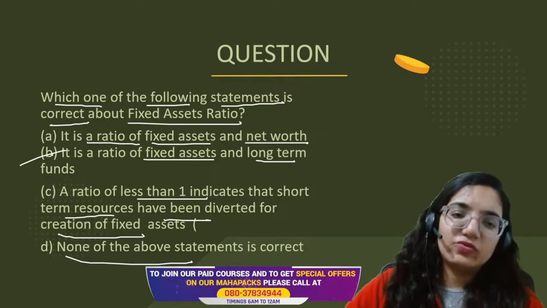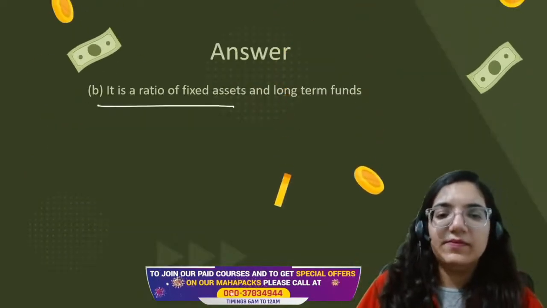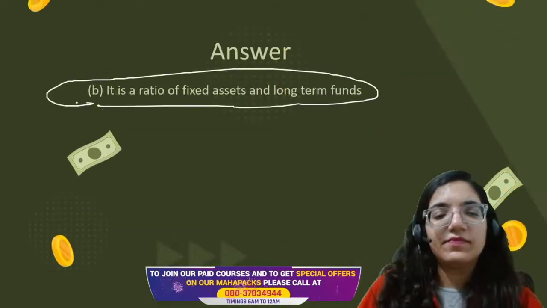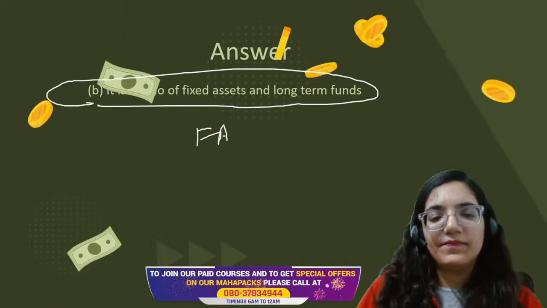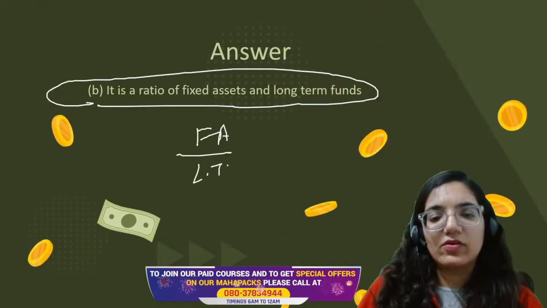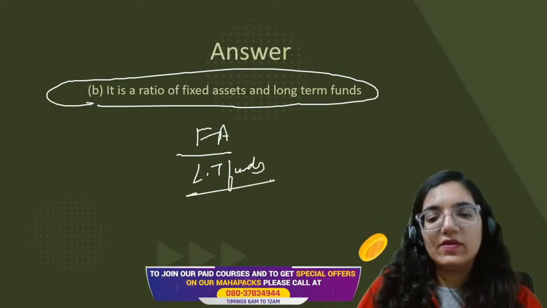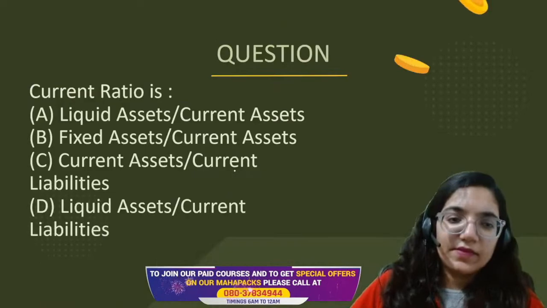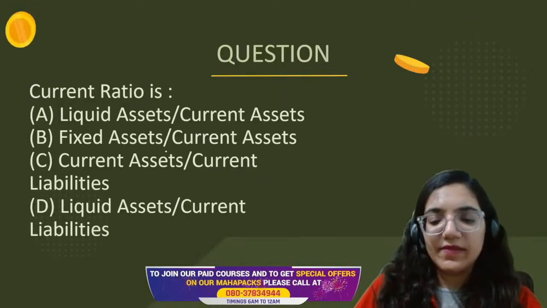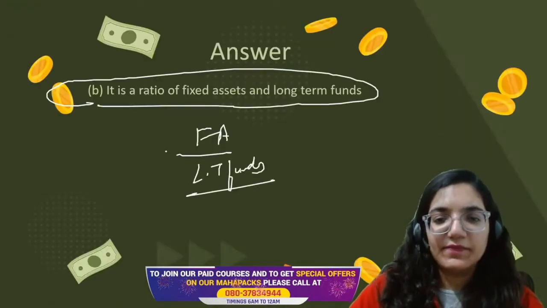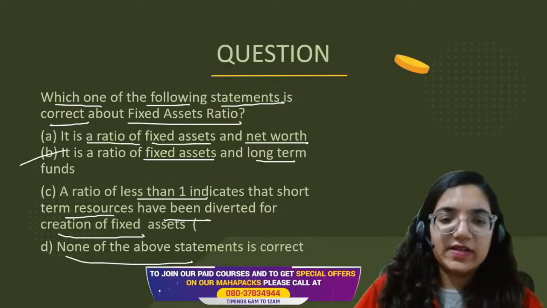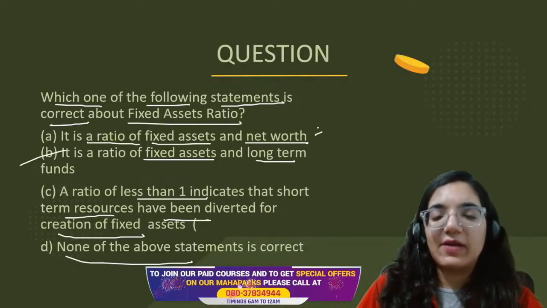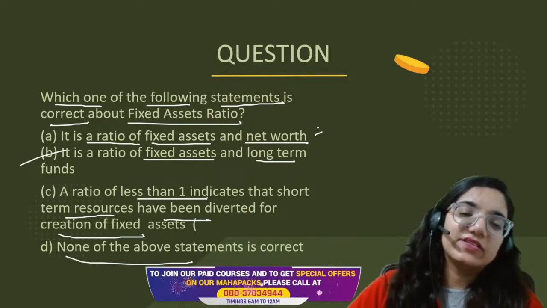Fixed asset ratio. Okay? This is FA upon long-term funds, or I can say the total capital employed. No, this is only for long-term funds only. Overall, the long-term funds. Net worth is basically your equity share capital plus preference share capital plus reserves.